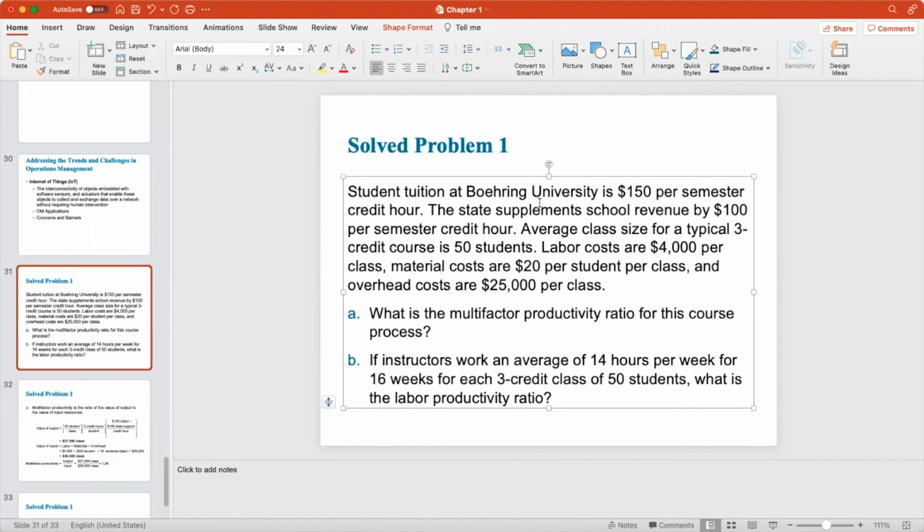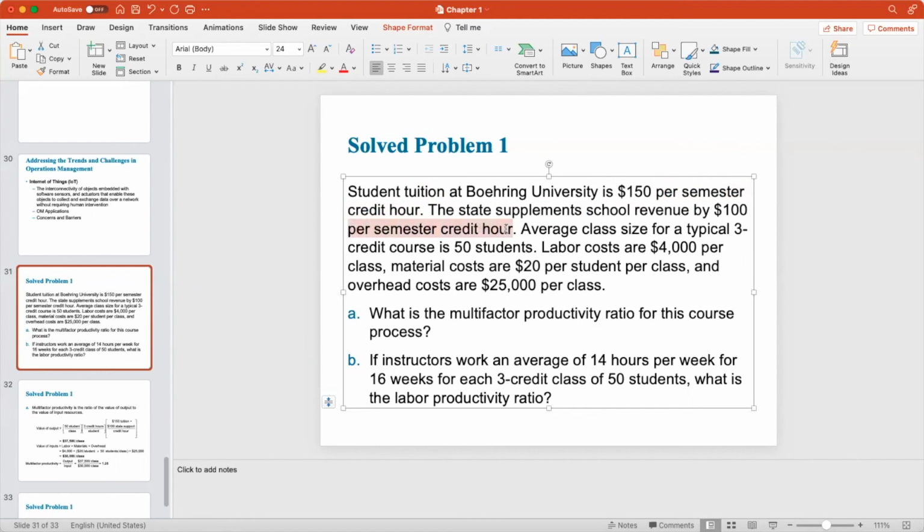How do we calculate the output value given that? First of all, we start from the university's perspective. The university output, the source of the revenue, comes from two parts based on this context. One part is the student tuition, another part is the state supplements. The student tuition is $150 per semester credit hour, and similarly, the state supplement school revenue is $100 per semester credit hour.